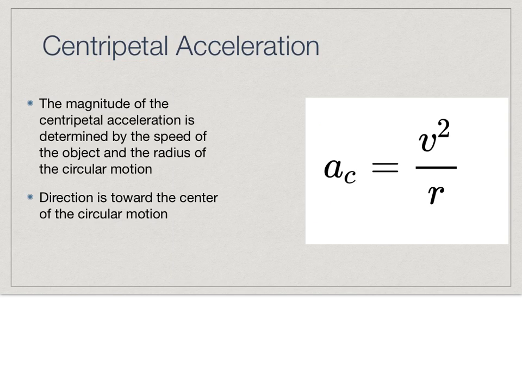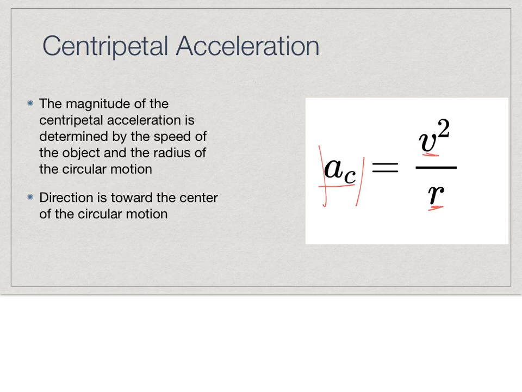Okay, we're not going to go into derivations or anything else like that on this one. We'll come back to more circular motion in the future, quite a bit more. But the magnitude of this centripetal acceleration is determined by the speed of the object, which is right here, and the radius of the circular motion.